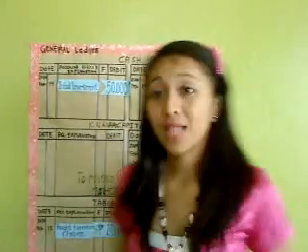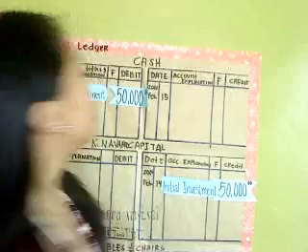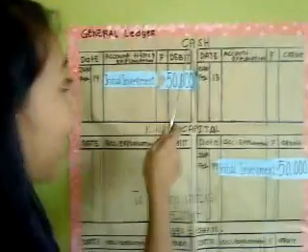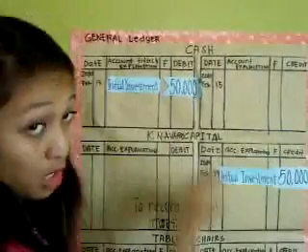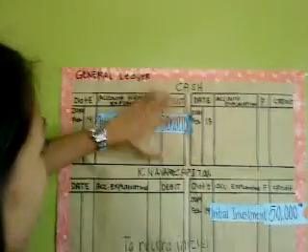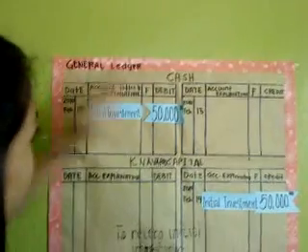This will be our general ledger. So let's go. Let's start here in the cash. We have two parts of it. One part will be for the debit.